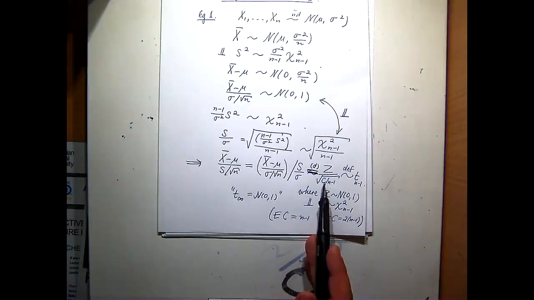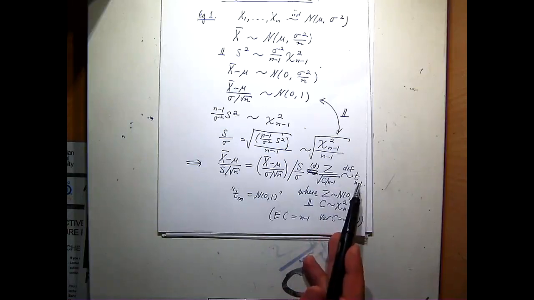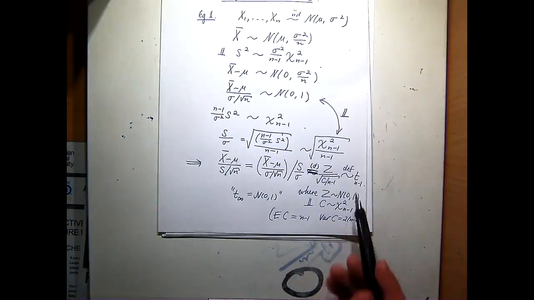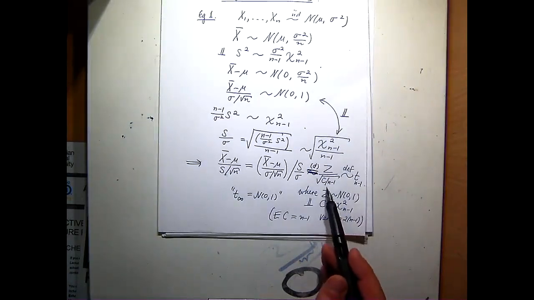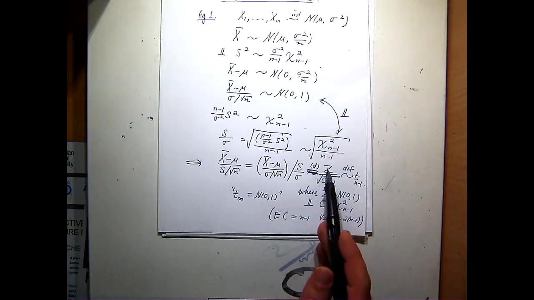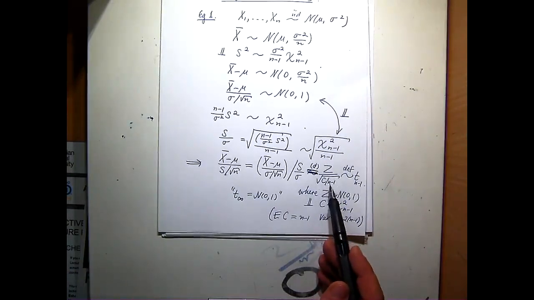Now that's not true for small n. And that's why the t distribution becomes very important when you're talking about small sample size. All of a sudden the t distribution is nothing like the normal, except for being symmetric. It has much heavier tails than the normal if n is small, because if n is small, you're thinking about a normal divided by something that could actually be quite small.